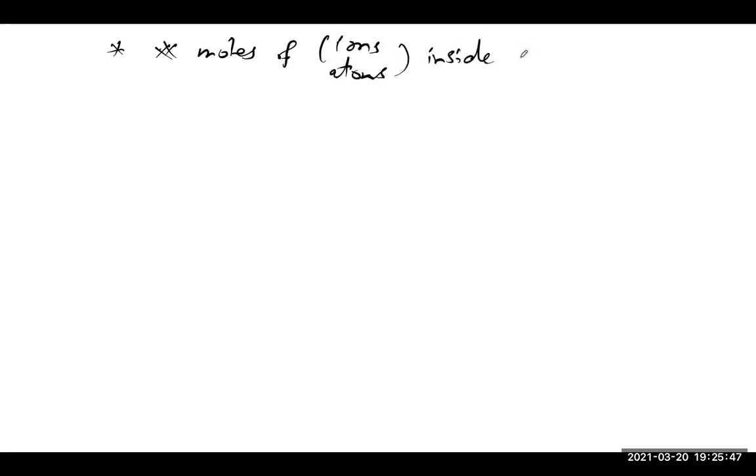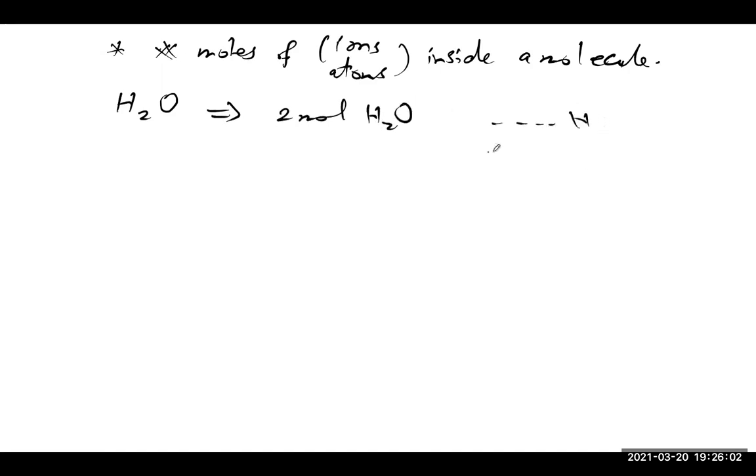Okay, we have another thing that we need to do: number of moles of ions or atoms inside a molecule. For this one, he will give you a molecule like H2O, and he will say that you have 2 moles of H2O. So how many moles of H do you have, or how many moles of oxygen atoms do you have?